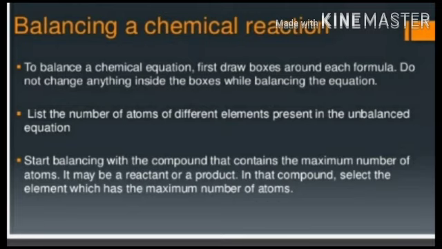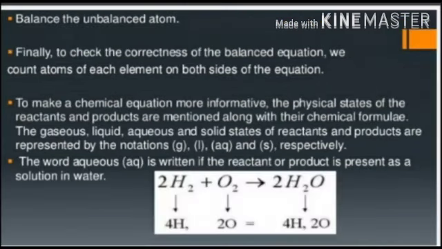Start balancing with the compound that contains the maximum number of atoms. It may be a reactant or a product. In that compound, select the element which has the maximum number of atoms. Balance the unbalanced atom. Finally, to check the correctness of the balanced equation, we count atoms of each element on both sides of the equation.